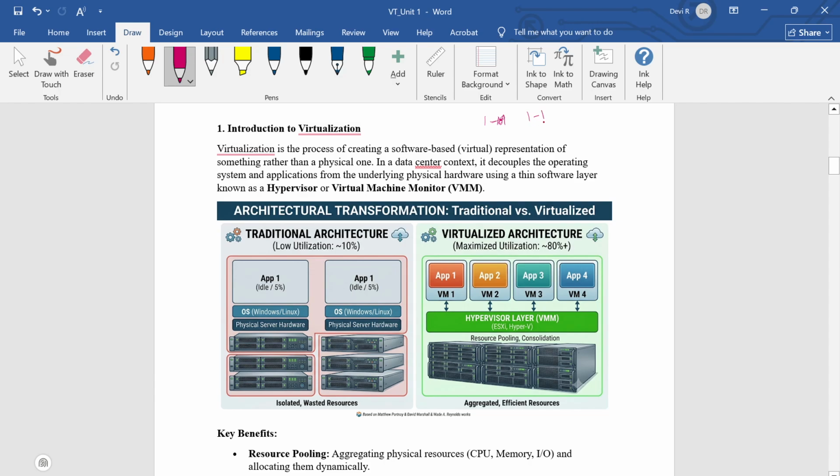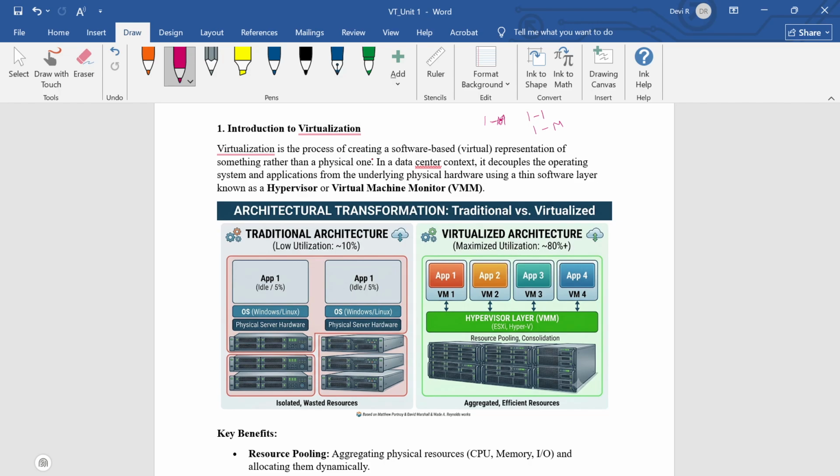One physical server is for one application. But if you are going for virtualization, we can represent one physical hardware for many virtual machines, right? So that is the concept we are trying to insist on here.